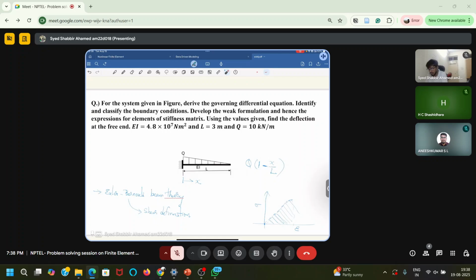But if the beam has some other area of cross section, instead of uniform variation, then it will be difficult for you to integrate. And if the loading is also very irregular, it will be much more complex.